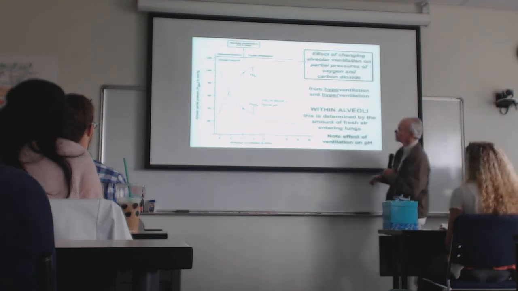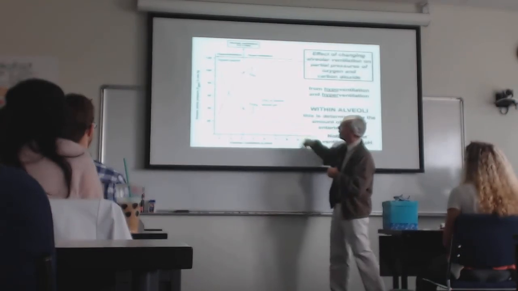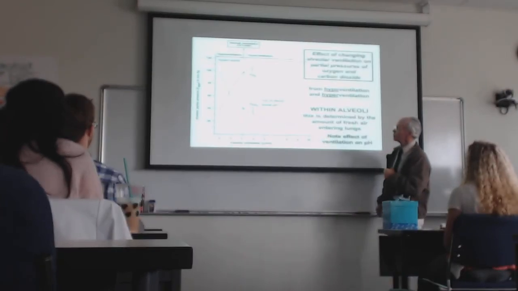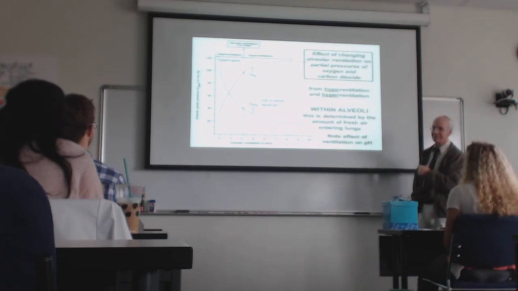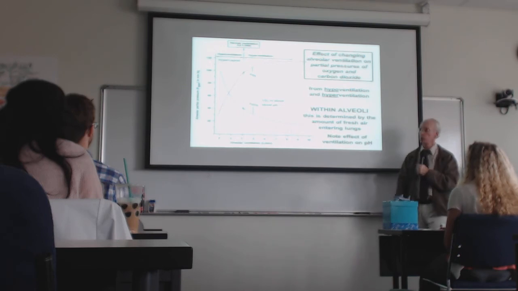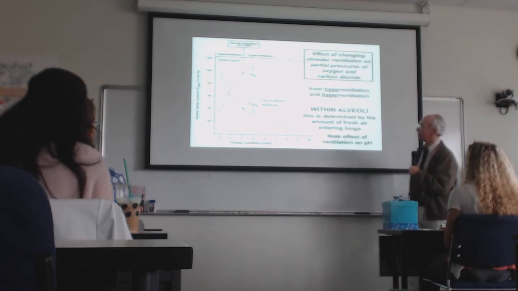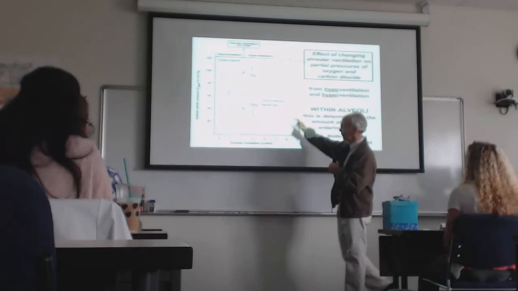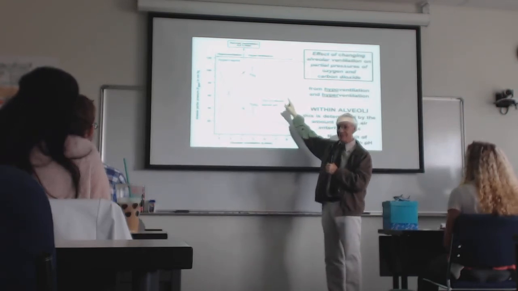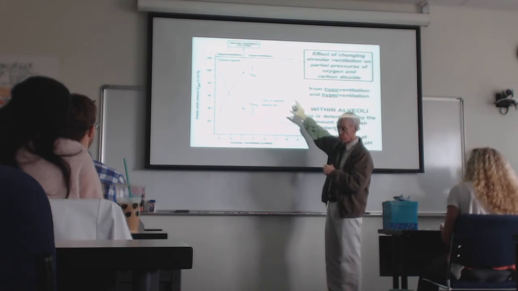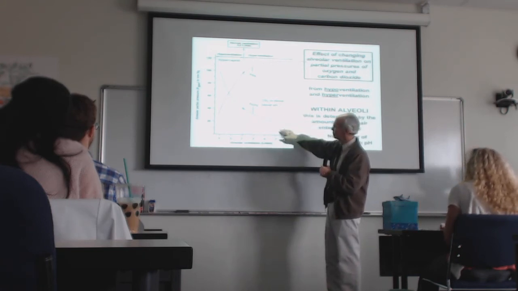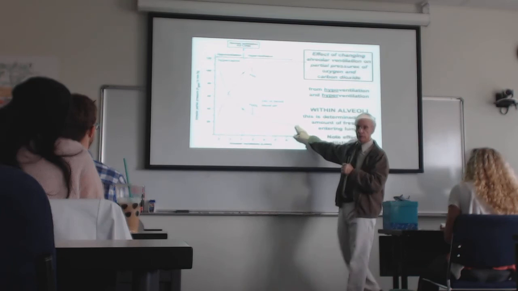So what's going to happen? Explain to me what happens to the respective partial pressures of oxygen and CO2 as ventilation is increased, as we go into hyperventilation. Which gas increases, which partial pressure increases? Clearly oxygen, but as it does so, and this is important physiologically, as the partial pressure of oxygen increases in hyperventilation, notice what happens to CO2 levels.